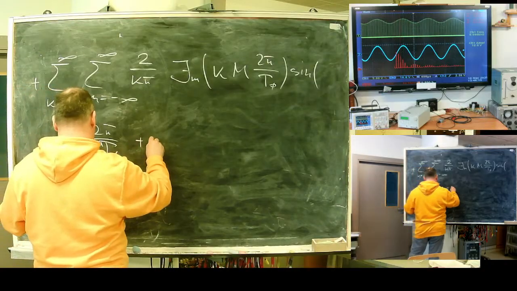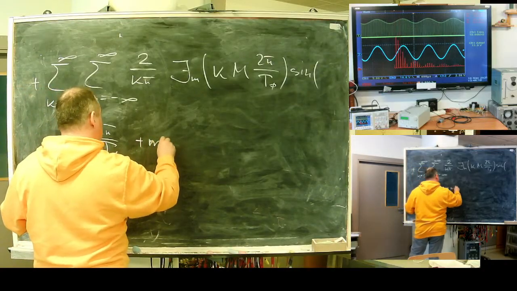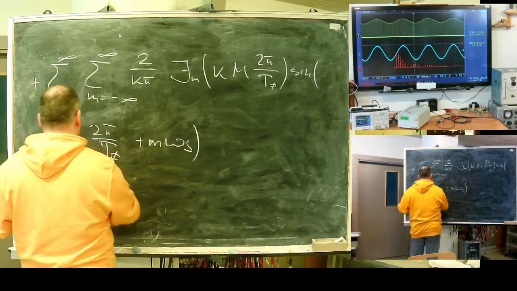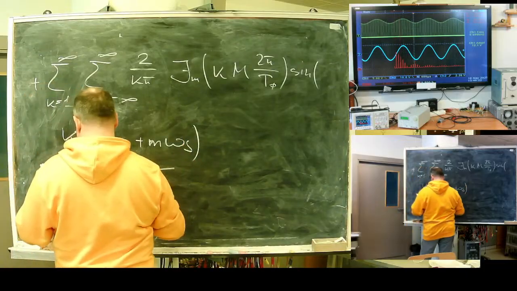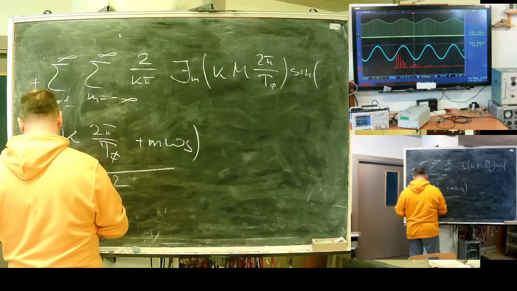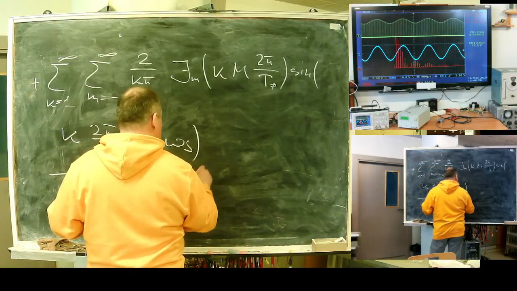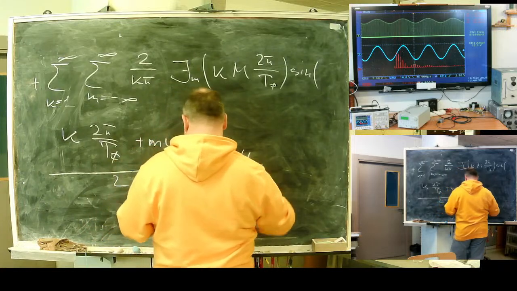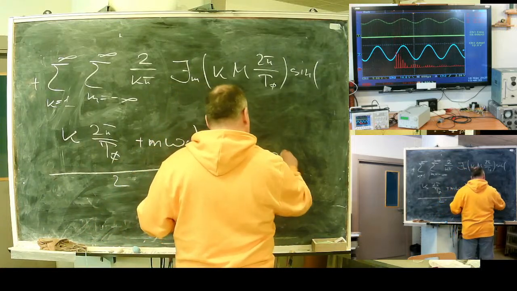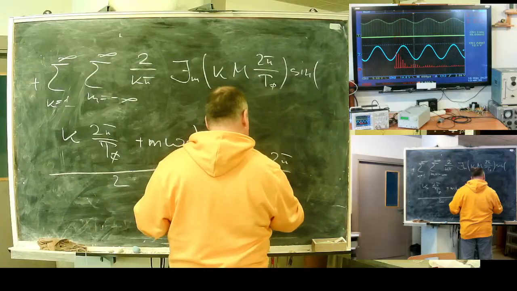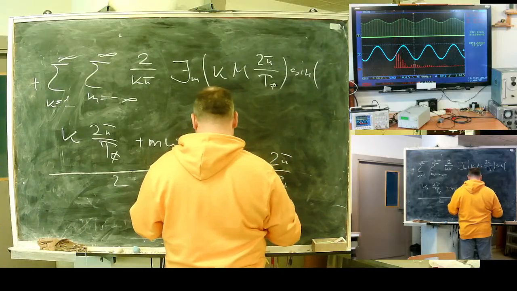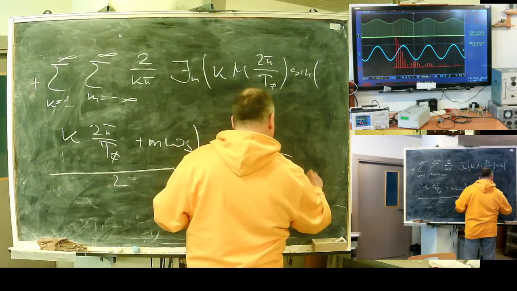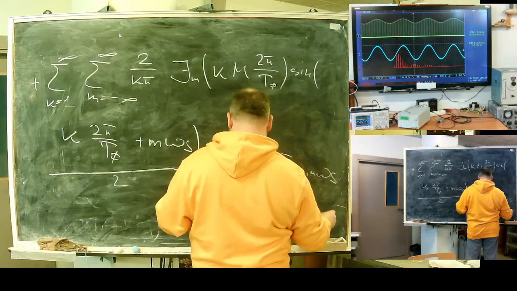plus m omega s divided by half, multiplied by cosine k double p T0 plus m omega s.